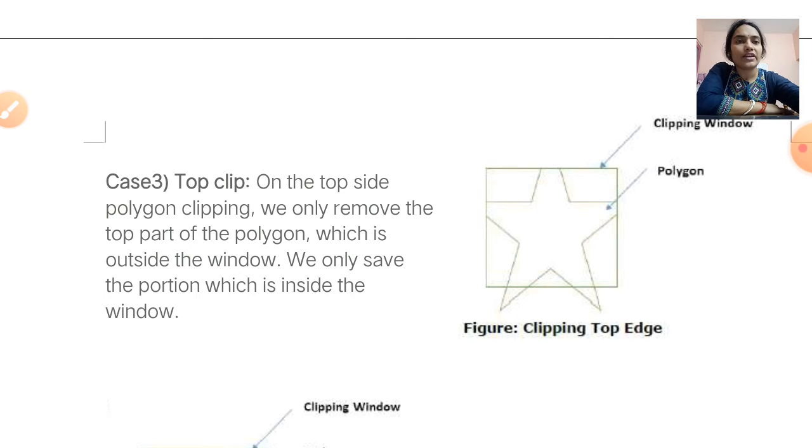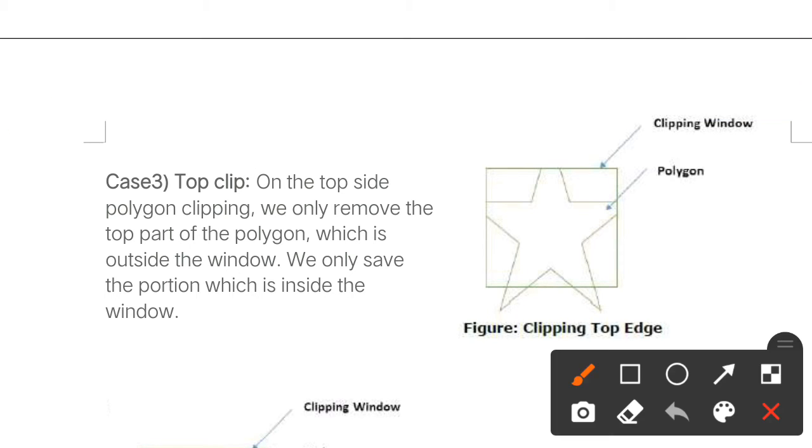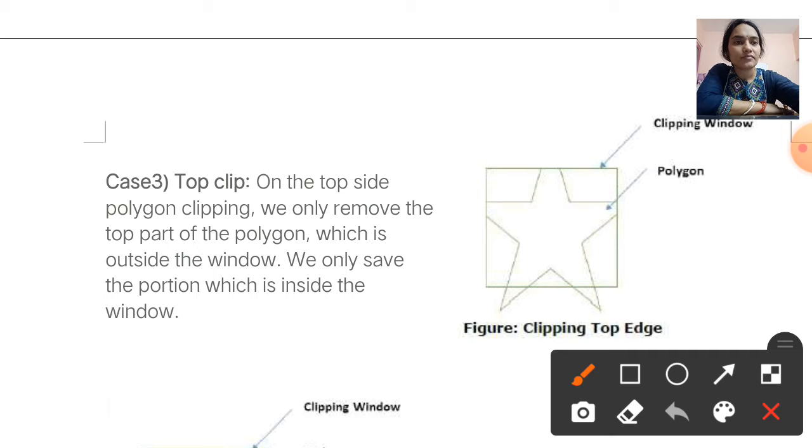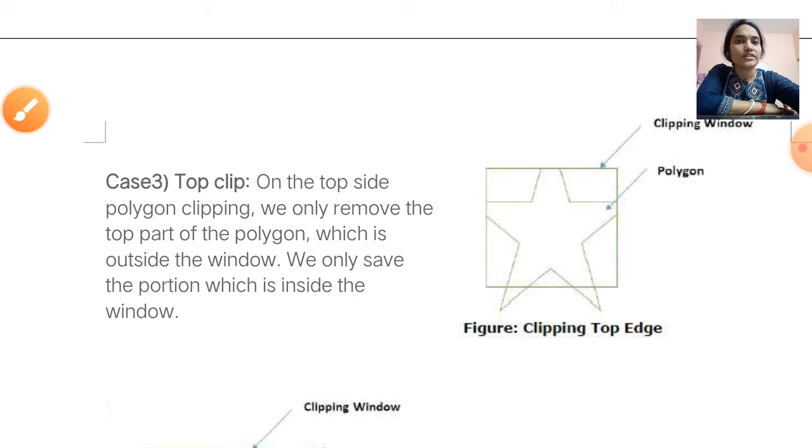That means this portion is your top side. Only that portion is clipped, and the rest is the portion which is inside the clipping window. These are the same. We only save the portion which is inside the window.